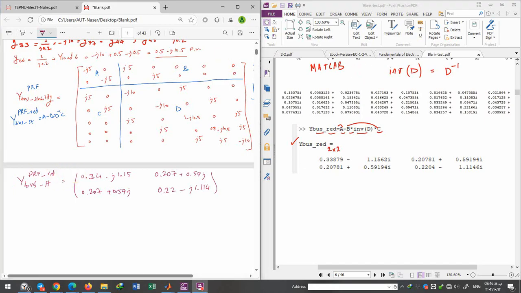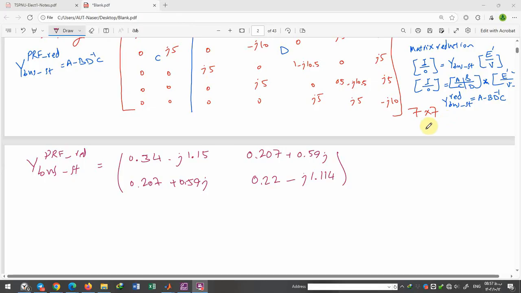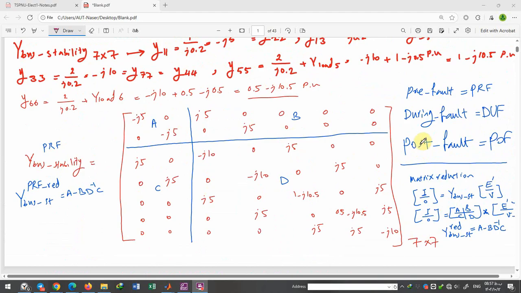So after calculating Y-bus stability pre-fault situation and reduction, we have to work on during-fault and post-fault situation and regime.